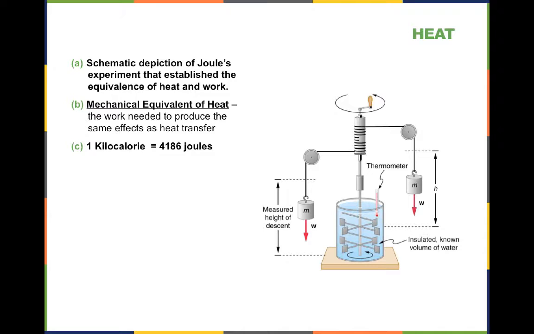Joule set this up in such a way that the weights were allowed to fall, and when these weights fall, you can calculate the change in potential energy, which represents the amount of energy that would then be passed into the water, and then you can measure how much the temperature of the water goes up. And this is known as the mechanical equivalent of heat. As it turns out, a kilocalorie is equal to 4,186 joules using this calculation.